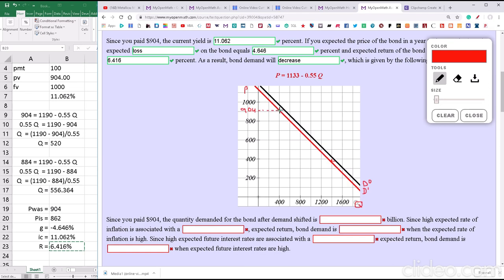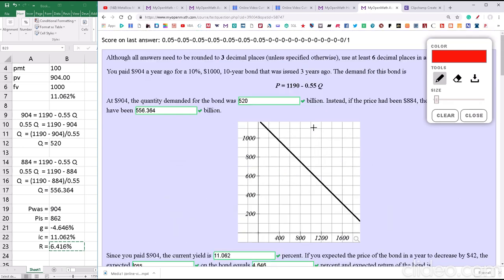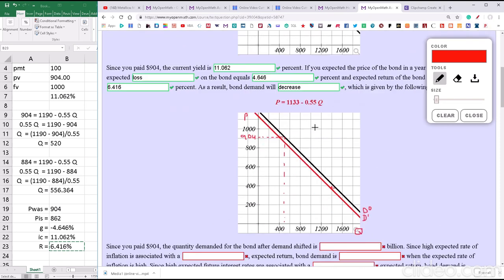We need to find the original quantity. What was the original quantity? At 904, the original quantity was 520.